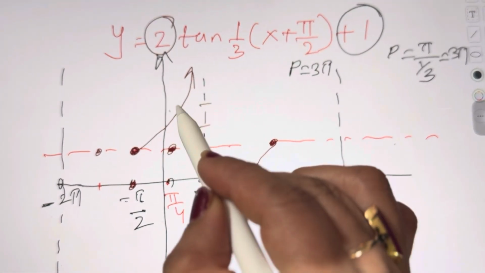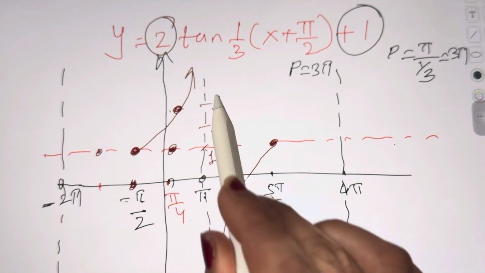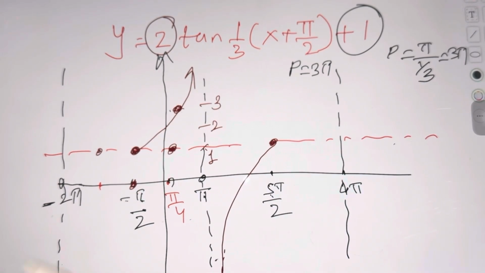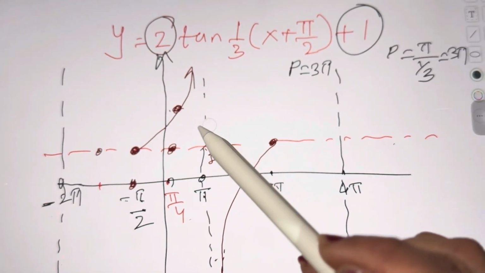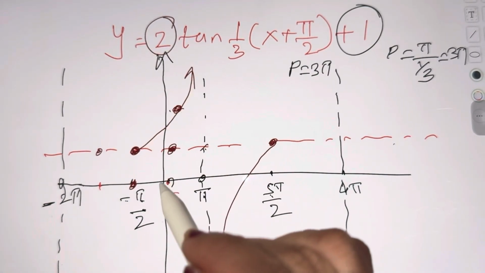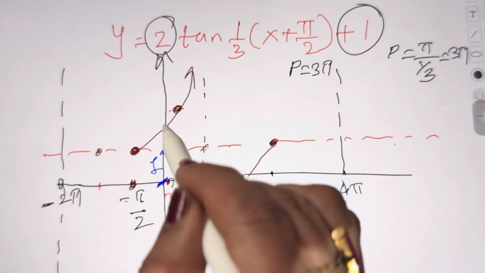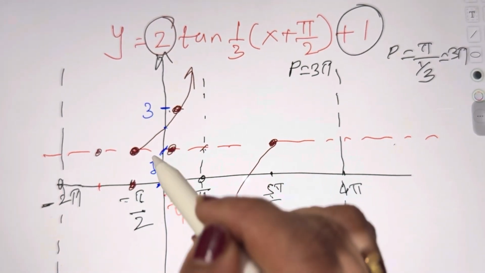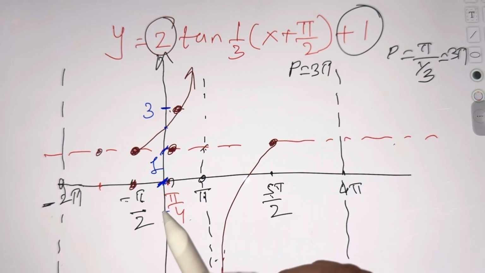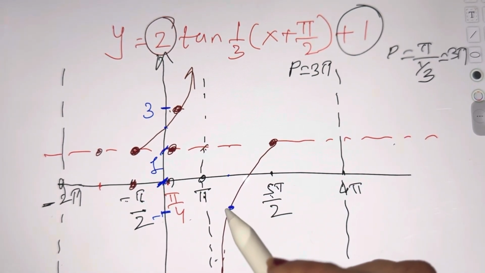So 1, 2. This point should be that 3. 1, 2, 3. Oh, I did it on the asymptote. I'm super sorry. I should have done it on this. I just accidentally did it on the asymptote. My markings, this is the y-axis, so my marking should be 1 here, 2, 3. That is 3. Now go down by 2, 1, 2, which will be negative 1. So this point will be here.